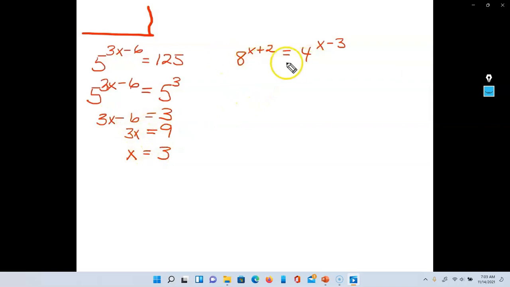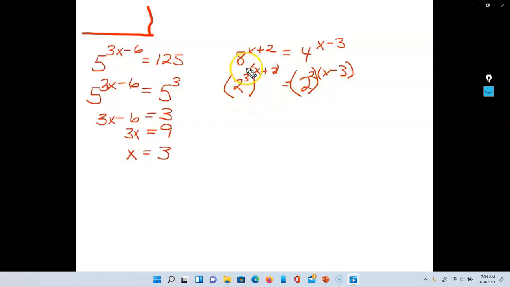Now here our bases don't look alike, but we can make this 8, 2 to the third power, and this is x plus 2, equals 2 to the second power, and this is x minus 3.